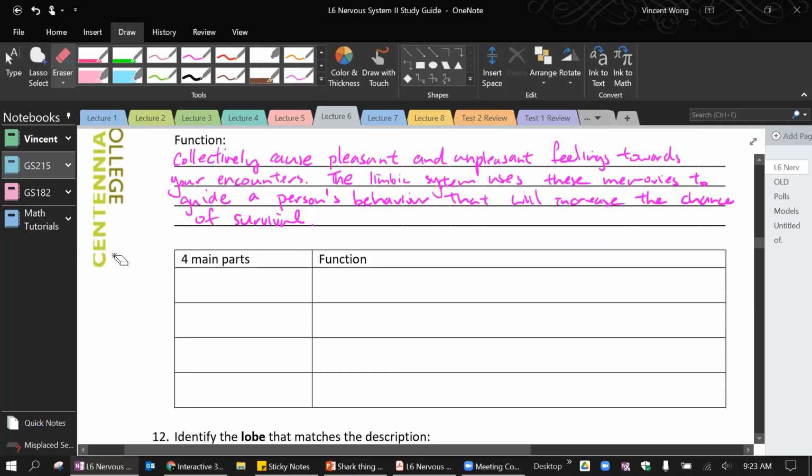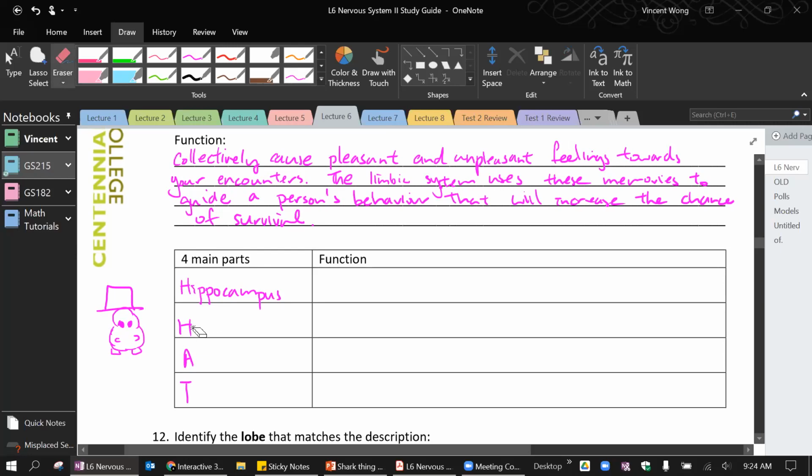Four parts of the limbic system, right? You have the hippocampus. Okay, I think I might have mentioned this in the class. You can think of a hippopotamus. That's a hippopotamus wearing a hat. Okay, so hippocampus wearing a hat.